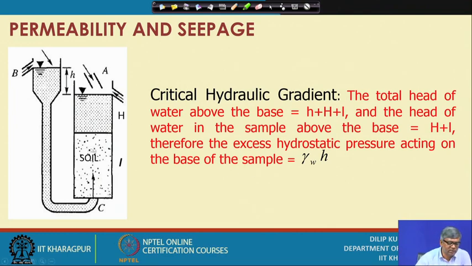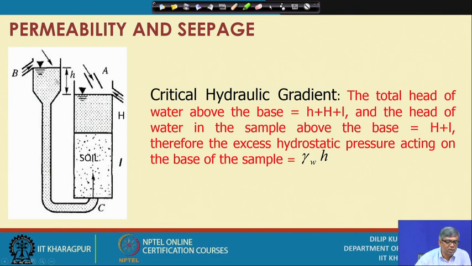So, this is a soil sample, and it is connected through this tank, suppose, and water is here, and at this level there is an opening where water can be collected. If the water level is here and it is connected, then this water will try to flow upward through the soil, and since this is the maximum level water can retain, the rest of the water will go out.